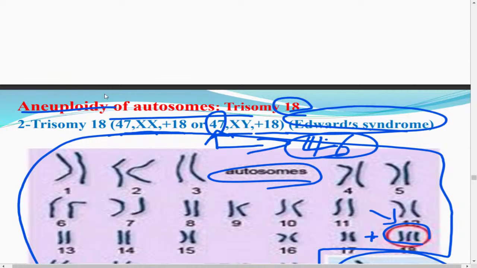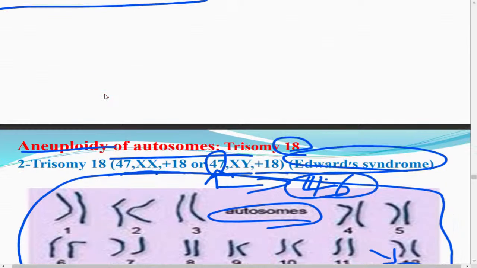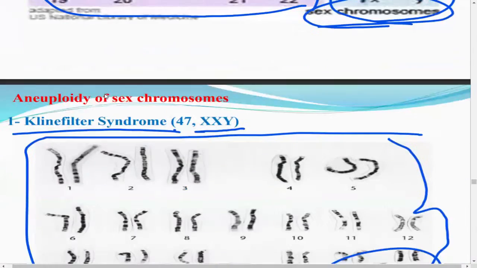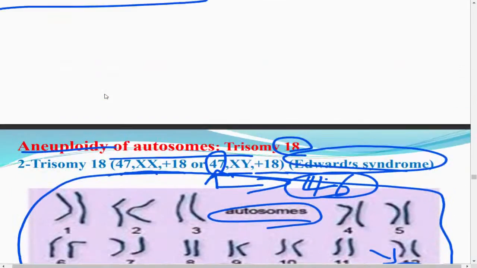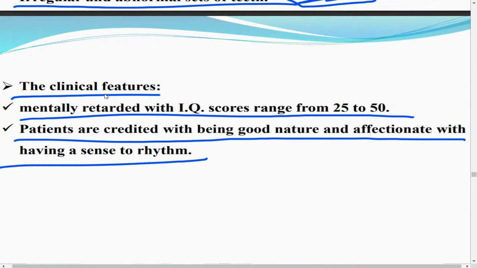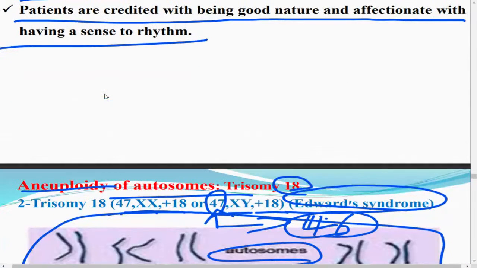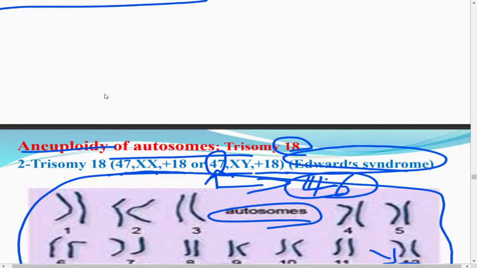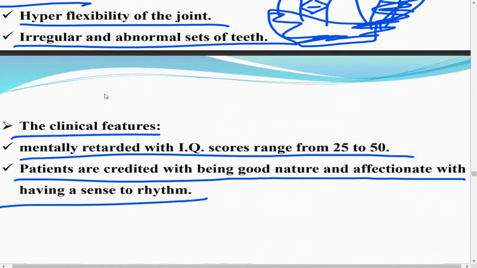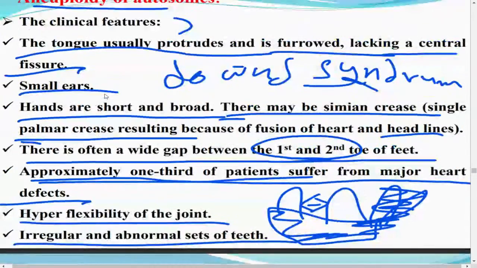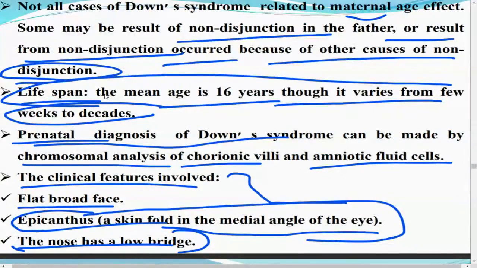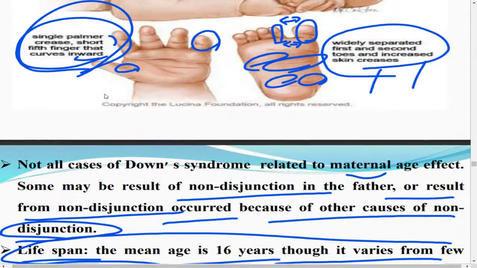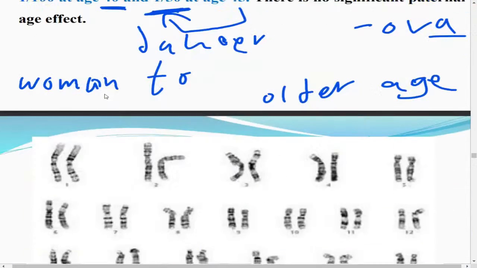Oh, trisomy 18, Edwards syndrome. So this is Edwards syndrome, which is better, of course, than the Down syndrome. 18 is Edwards, 21 is Down.